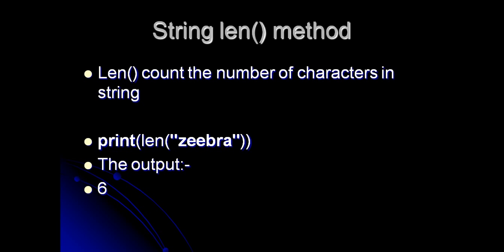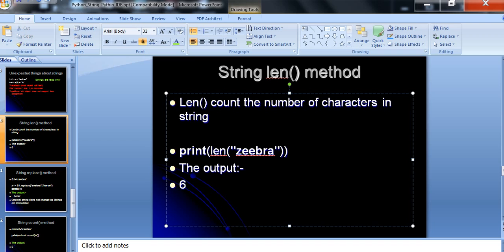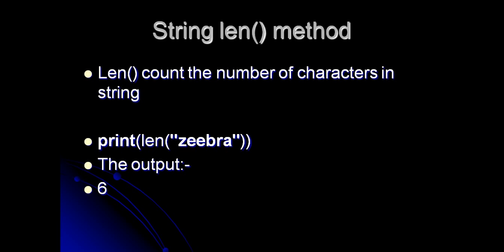In this example, there is a string called zebra and I'm trying to find its length. The length function will give the number of characters which are present in the string.